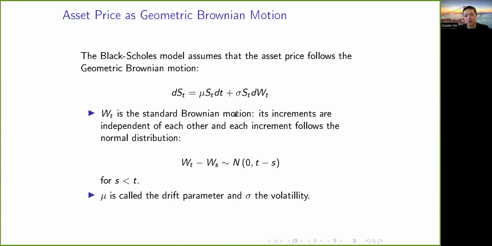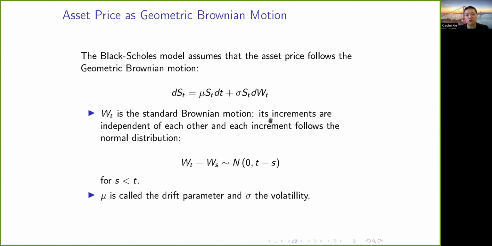It consists of two terms. The first term is called the drift term, while the second term is called the diffusion term. The parameter mu of the drift term is called the drift coefficient, while the parameter sigma of the diffusion term is called the volatility. Here, W_t is a standard Brownian motion.